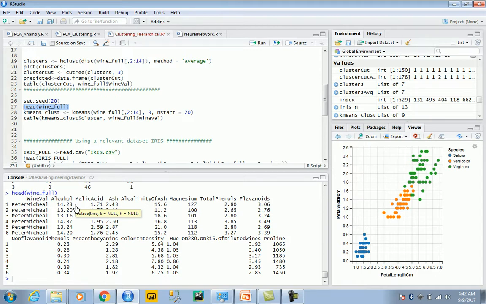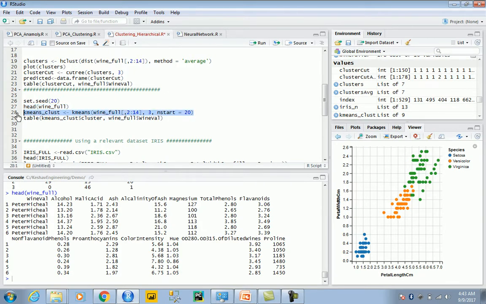So we have the data set, and let's say if we didn't know the wines, we want to cluster them up. Although we are aware with this data that we have three different wines available, let's say we were just playing blind here.